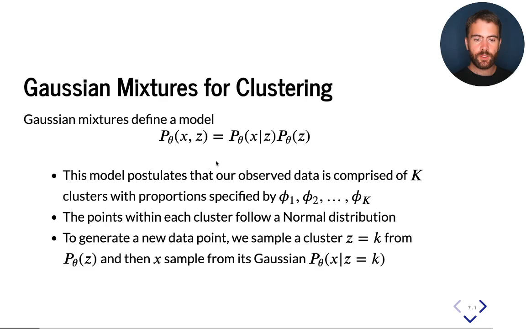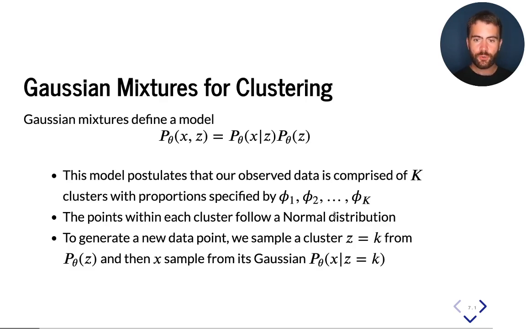This model postulates a particular distribution, which is a mixture of Gaussians, and that is very suitable for clustering. This model assumes that the data that we have comes from k clusters, whose proportions, the proportion of x's that come from each cluster, are specified by phi 1, phi 2, up to phi k, and then the points within each cluster are distributed with a normal distribution.